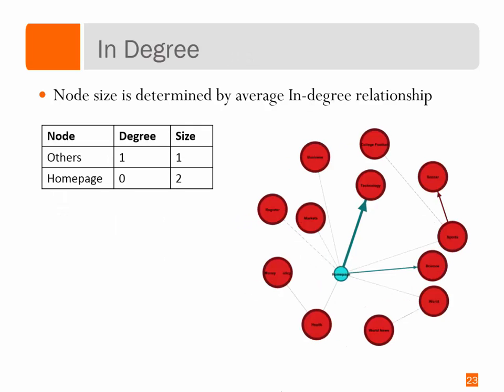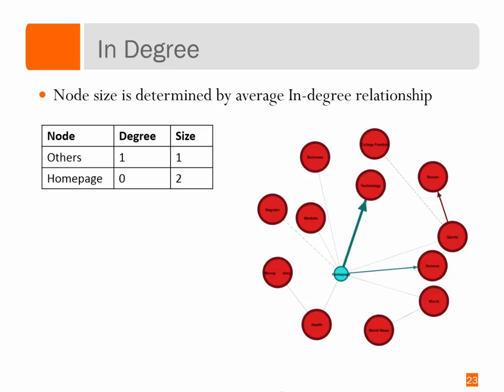Now, alternatively, we could take a look at using the in degree average. So we could instead choose average in degree, and look how much different our visualization is here.